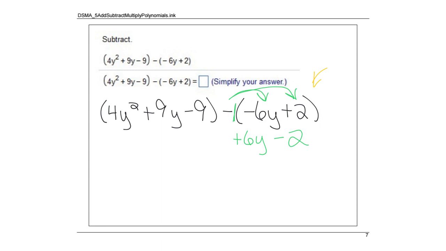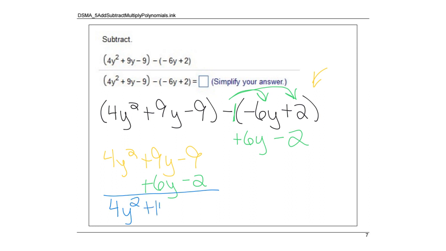All right, so now we can line these up. So we're going to take the first three. They are not like terms, so there's nothing we can do with those. I have a 6y, I can put that here. And I have a -2, I can put that there. All right, the y squared doesn't have a second term. That's okay. We're just going to go ahead and bring it down, just like adding 0 to 4y squared.